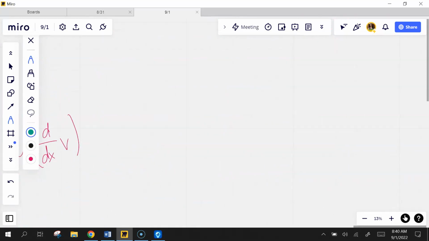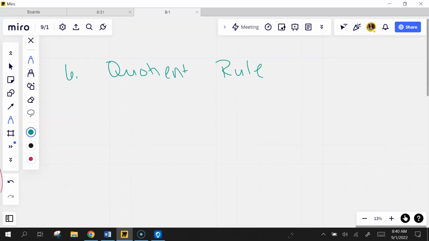The quotient rule. You don't have to know the name of them. I just make better notes if they're titled. All right, quotient rule. So this time I'm dividing, right? So I want the derivative. We'll use the same u and v. Here's what I'm going to do.